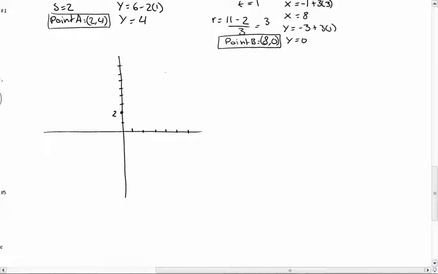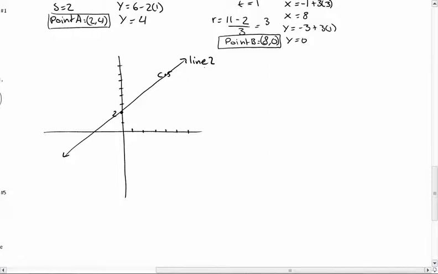You would have it at 5, and that'd be C, and that would be line 2. So line 1, you do the same process.